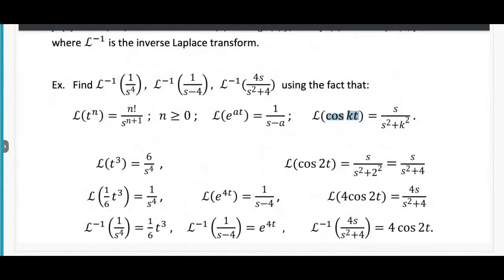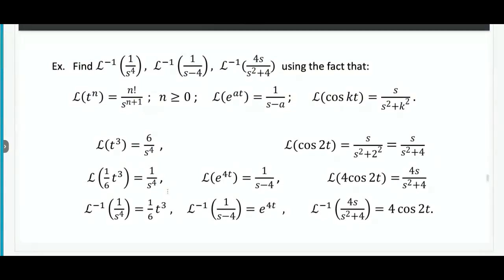In this case, Laplace of t cubed equals 3 factorial, which is 6, divided by s to the 3 plus 1, which is s to the 4. Here is the 1 over s to the 4.